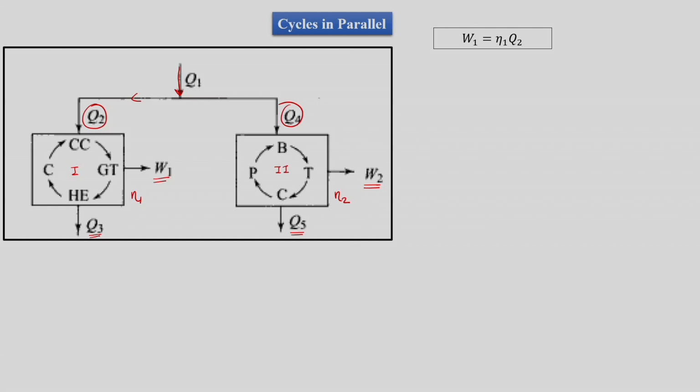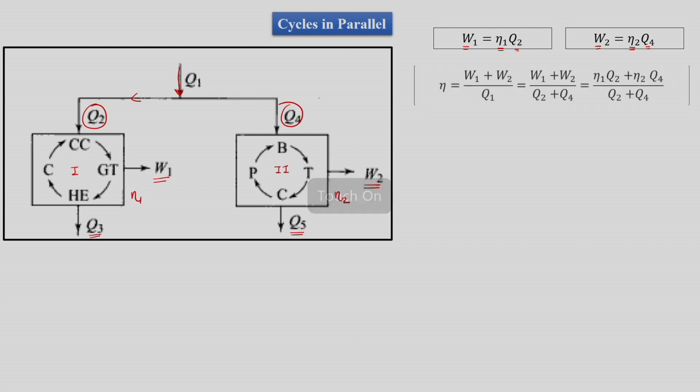Let us say that eta 1 is the efficiency of cycle 1, and eta 2 the efficiency of cycle 2. So, we know that W1, the work done by the first cycle, is equal to the efficiency of the first cycle times the heat supplied to the first cycle. Similarly, the work done by the second cycle is equal to the efficiency of the second cycle times the heat supplied to the second cycle.